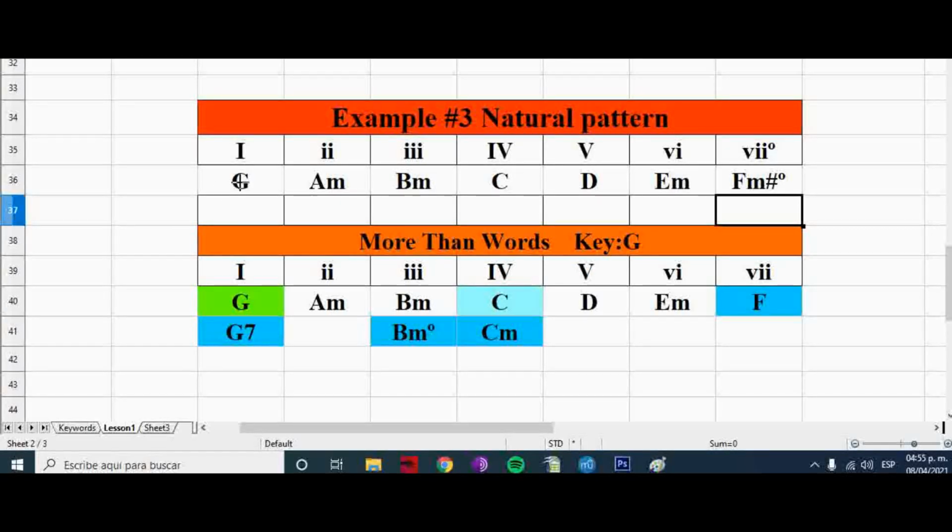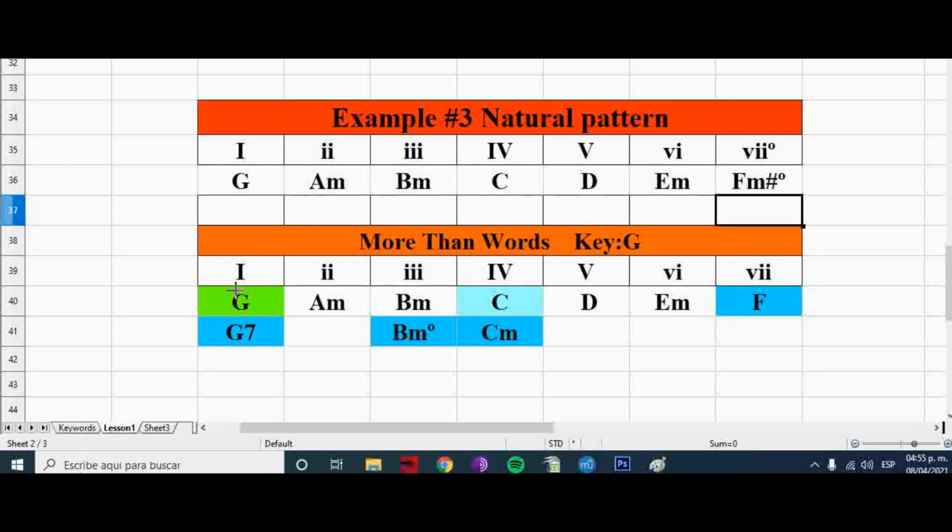At this point you are ready to transpose and convert all these notes into minors, majors, and diminished. This is the song "More Than Words" by Extreme. I forgot to name here the group, the band Extreme.